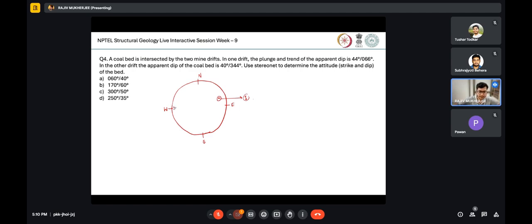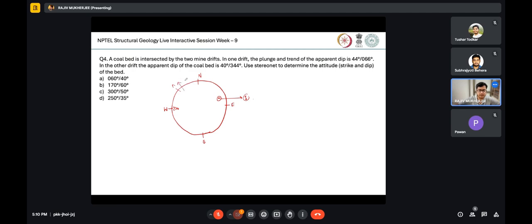So this is 270, 300. So this is 330 around. And so this, no, sorry. So this is 270. So 344, I guess, is closely around this direction.